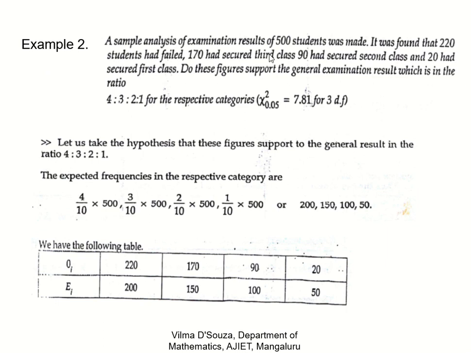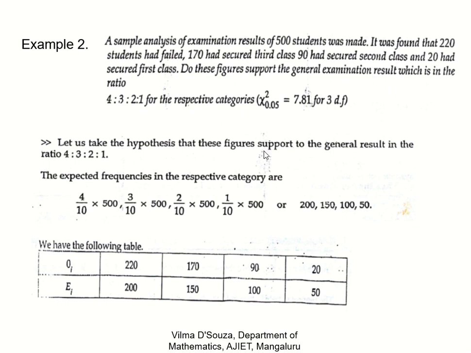When you have selected a sample of 500 students and done the analysis of their examination results, you have observed that 220 students have failed, 170 have third class, 90 second class and 20 first class. Now, do these figures support the general examination result which is in the ratio 4 is to 3 is to 2 is to 1 for the respective categories?